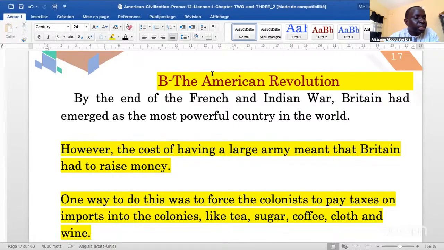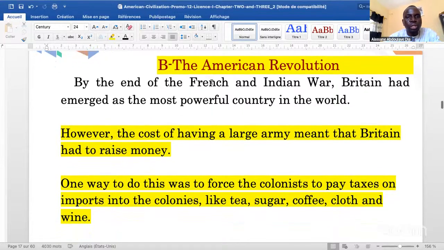And then they started saying taxation without representation. Why do they say that? It's because they cannot pay taxes to a parliament in which they are not represented. So resistance started and the American Revolution started.